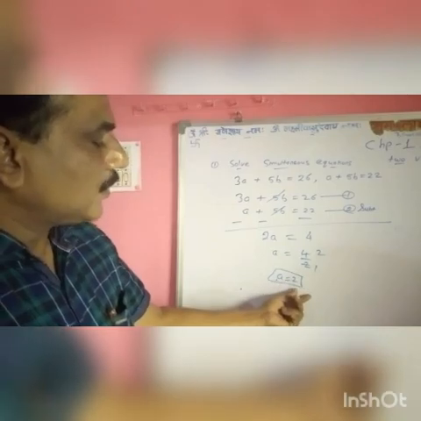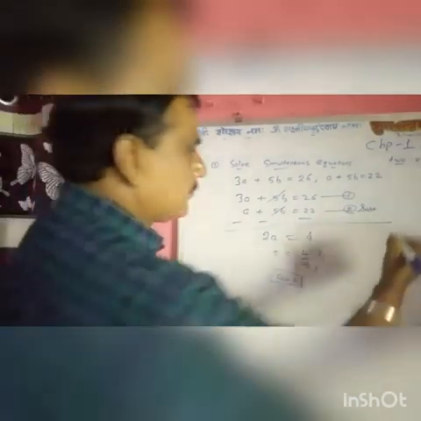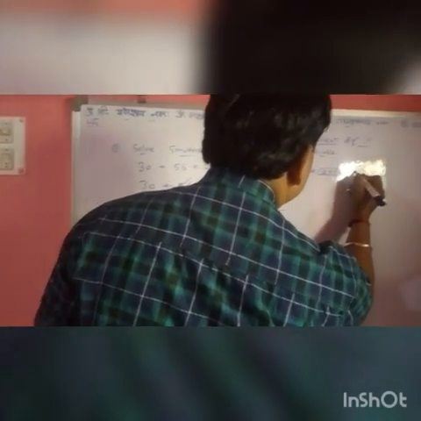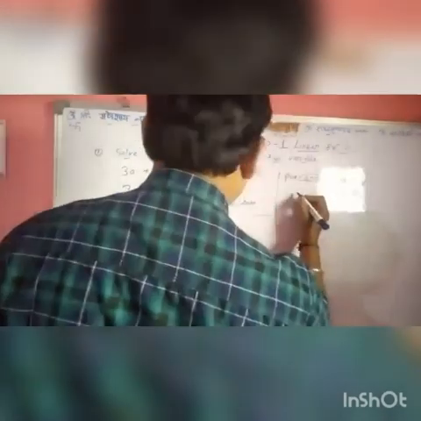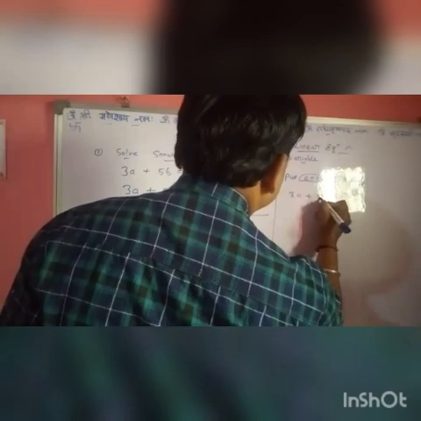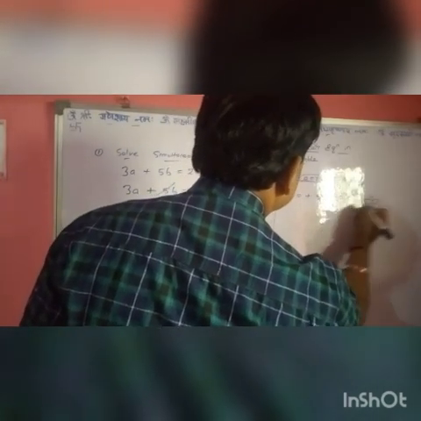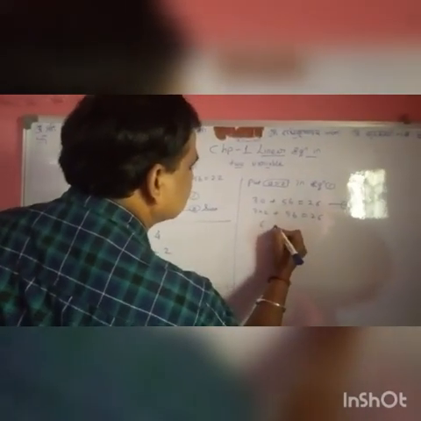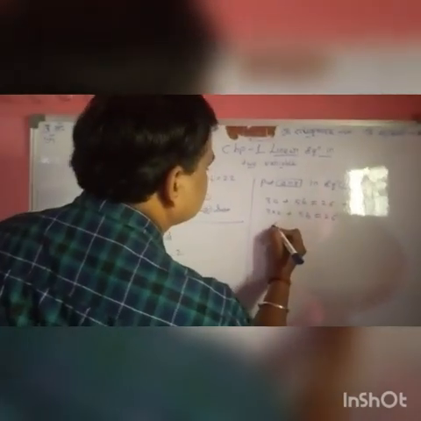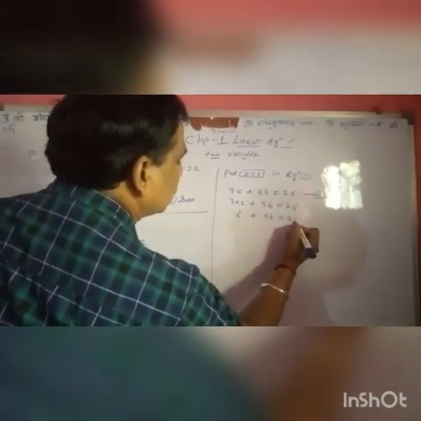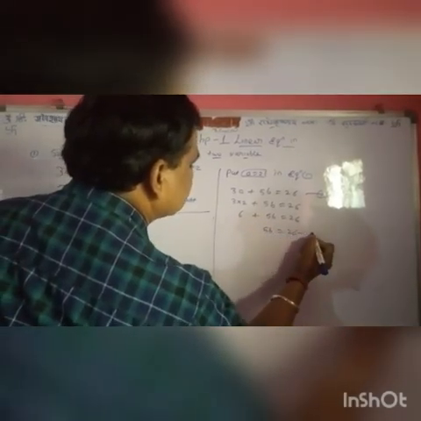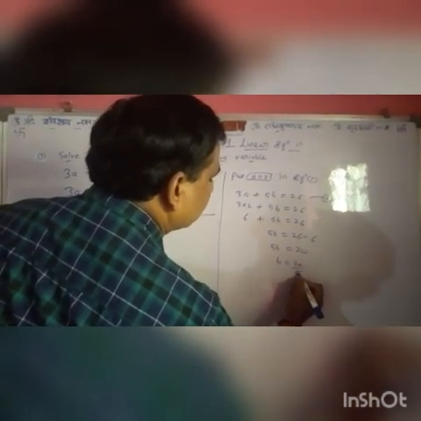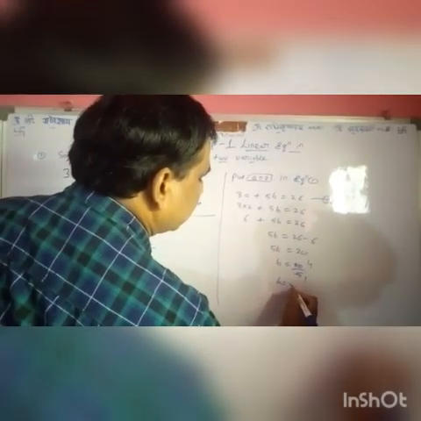Put the value of a equal to 2 in any one of the equations. Put a equal to 2 in equation 1. 3a plus 5b is equal to 26. 3 twos are 6, plus 5b is equal to 26. 5b is 26 minus 6, that is equal to 20. b is equal to 20 upon 5. 5 fours are 20. b is equal to 4.